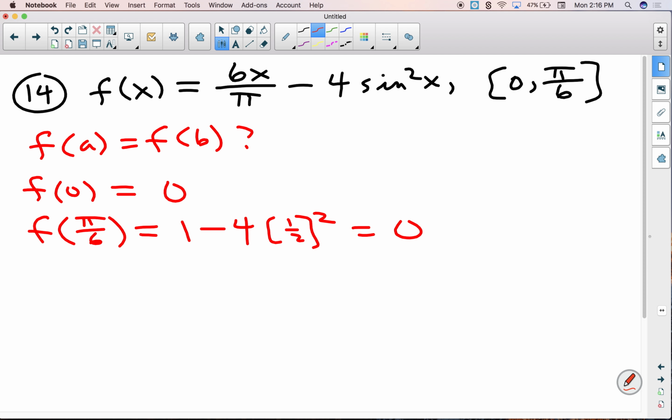Okay, so check, that condition is met. Now, what about the derivative? What do you know about a polynomial in the sine? They're differentiable everywhere. Okay, there's no issues there at all. Sine, derivative, cosine.